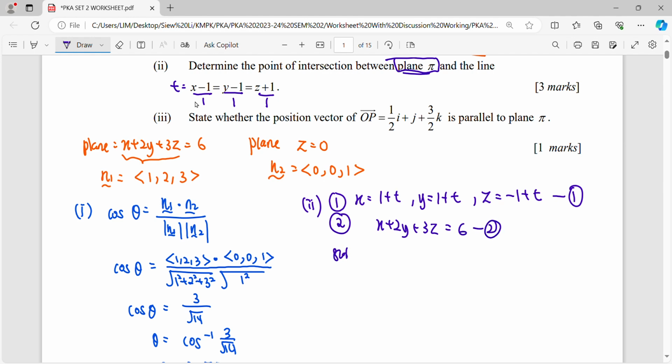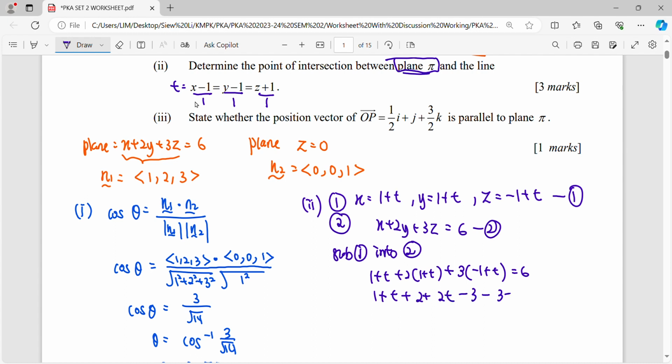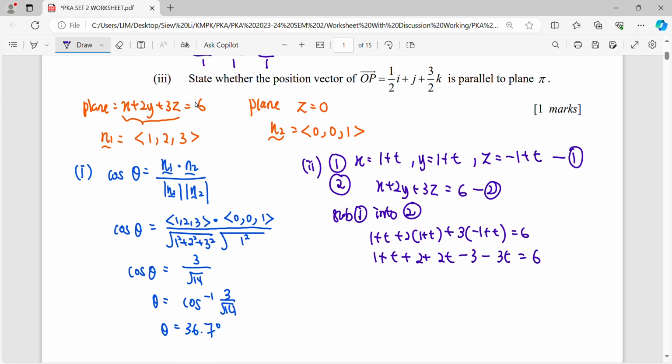Then what we need to do is substitute 1 into 2 and find back your t. Expand this. How many t do we have? 6t.